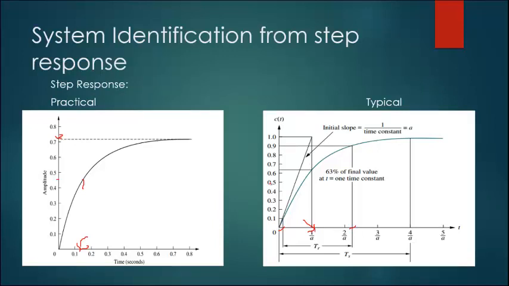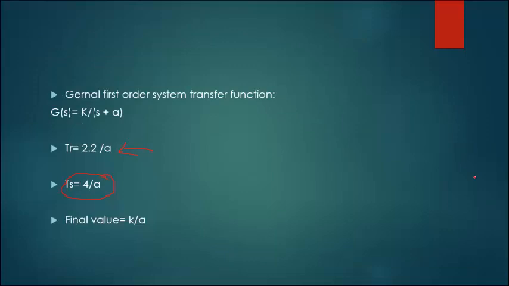We run the clock and observe the time until our system comes to settling, which is approximately 5t, where t is the time constant, which is 5 over a. We calculate this time, and using the last equation, ts equals 4 over a, you can get the value of a.